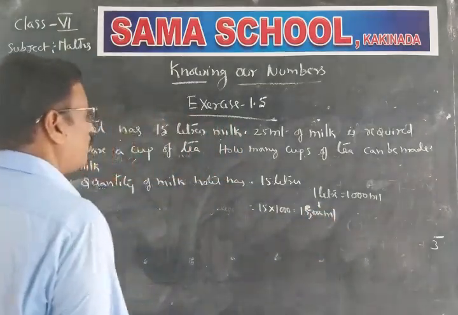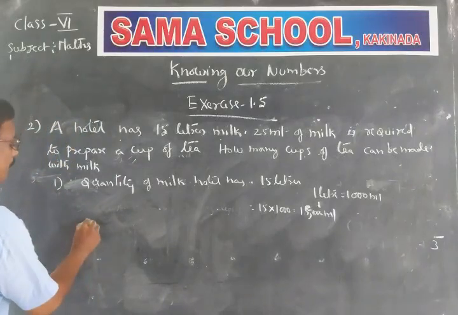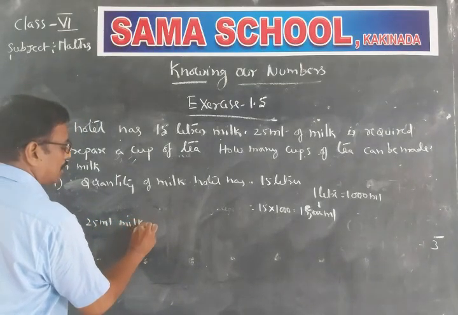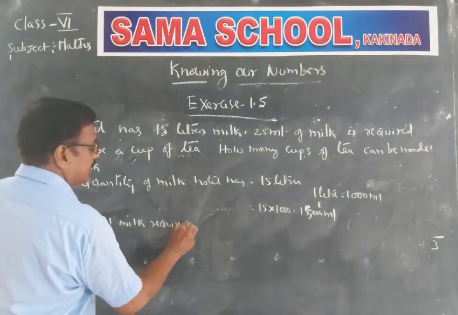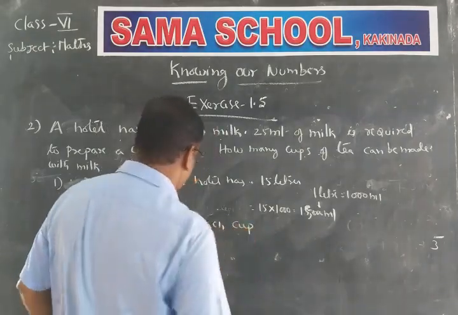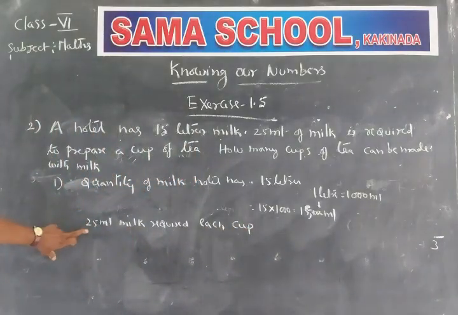Now 25 milliliters of milk is required for each cup. So for 1 cup, the required milk is 25 milliliters.